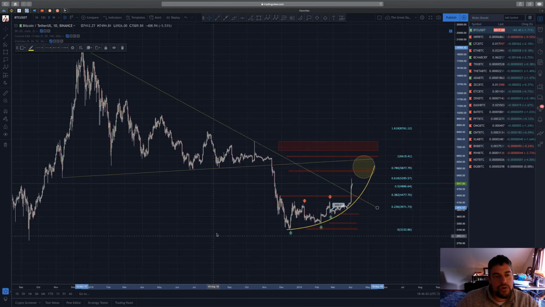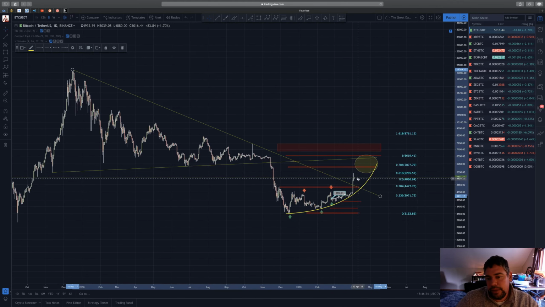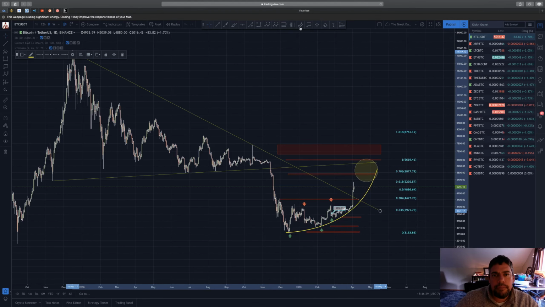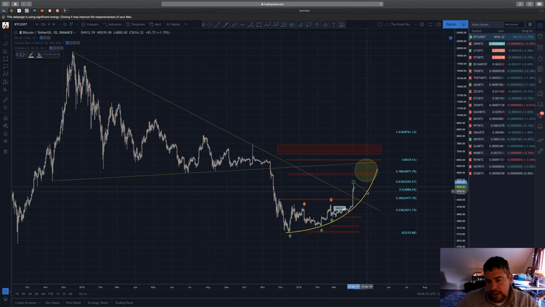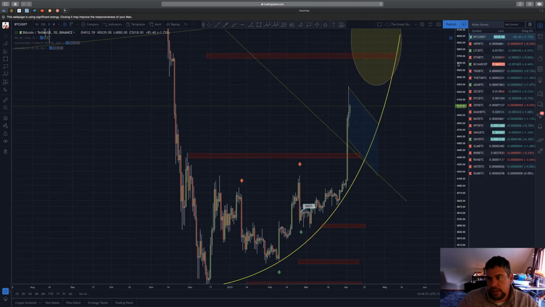Now, usually, and I want to let you know this, the reason why I think we need to do one of those big bull flags is because I think it would be nice if we came down and retested down here, backtested this line, this big line here. If we come back down and backtest that line, that'd probably be a good thing.